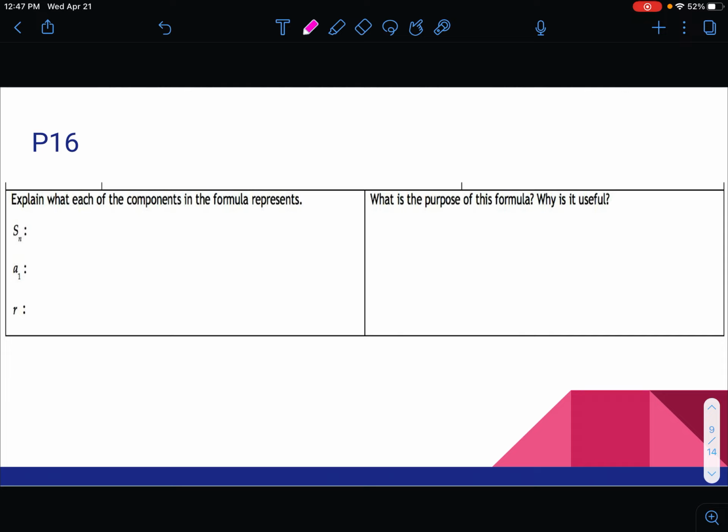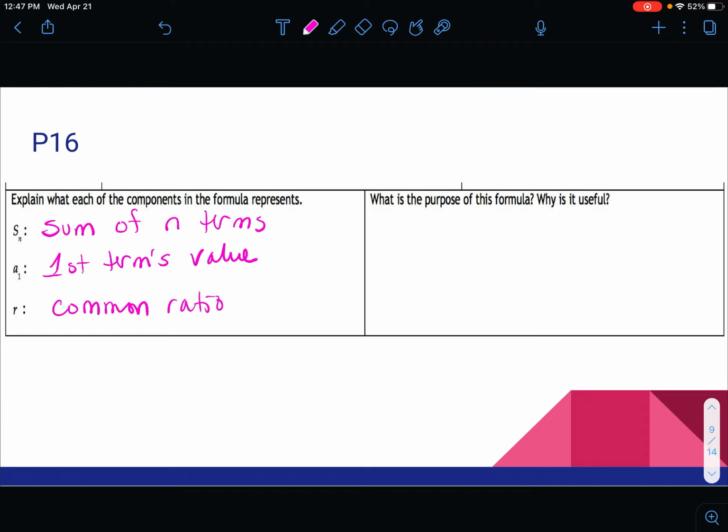So explain what each of the components in the formula represents. So for this, when we're talking about this, this is the sum of n terms. This is the first term's value. And r is the common ratio. And what's the purpose of the formula? Why is it useful?